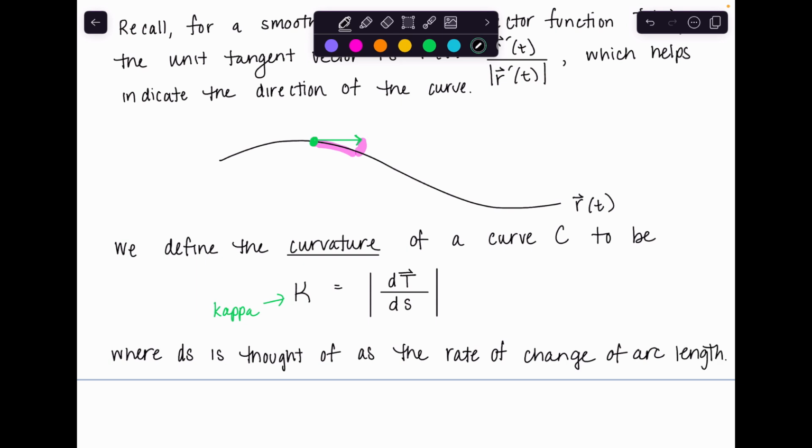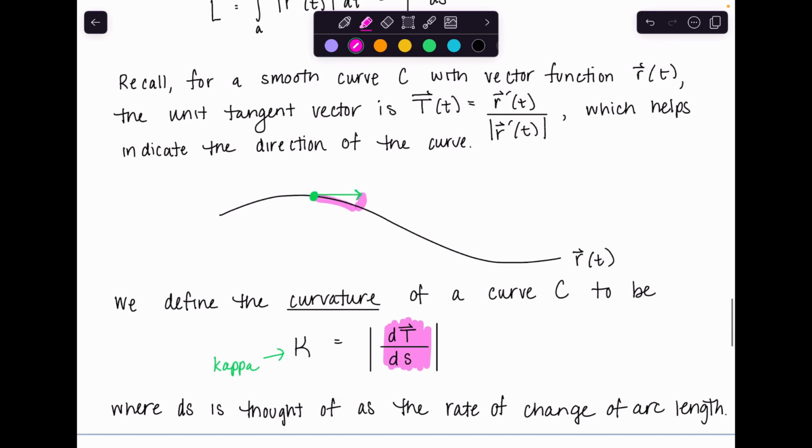Now you may be sitting here thinking, how the heck do I compute something like this? Especially because this is that Leibniz notation, so I have to take the rate of change of the unit tangent vector with respect to the rate of change of my arc length. And currently, I only know a formula for what my unit tangent vector is. I do have a formula for the arc length, but I don't know how to take weird rates of change like that. So what I'm going to do is try to rewrite this.